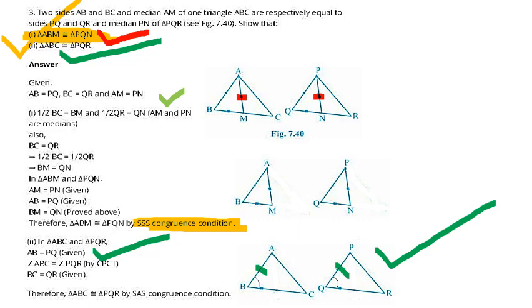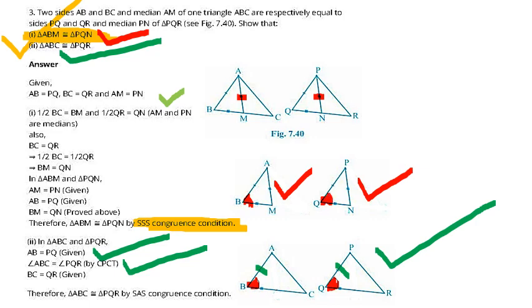Angle ABC equals angle PQR. Where is that? This is angle ABC or simply angle B. And this is angle PQR or simply angle Q. And why are they equal? Because we proved that these two triangles are congruent. If these two triangles are congruent, then this corresponding angle, or corresponding part, will be equal also. CPCT.